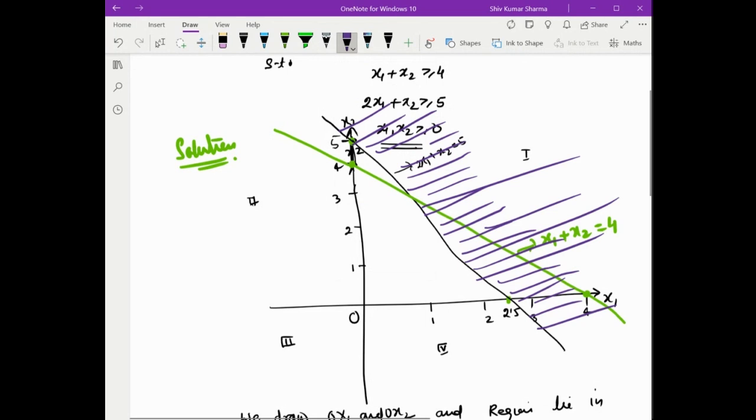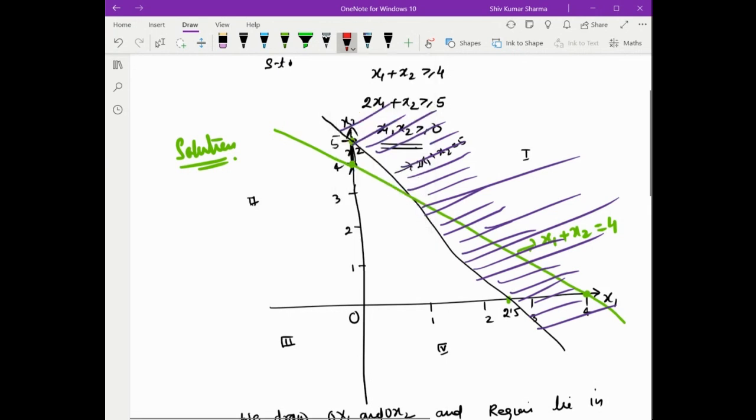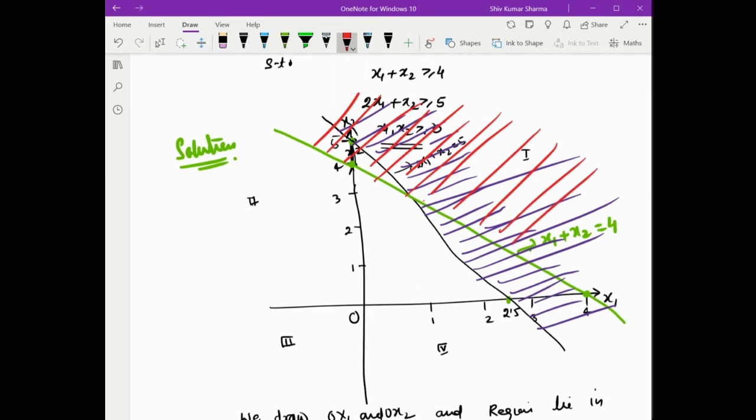So this is the common region for both lines.